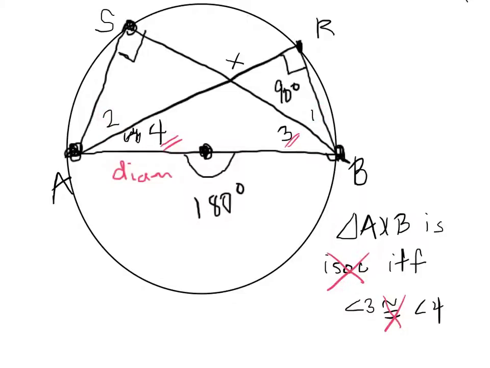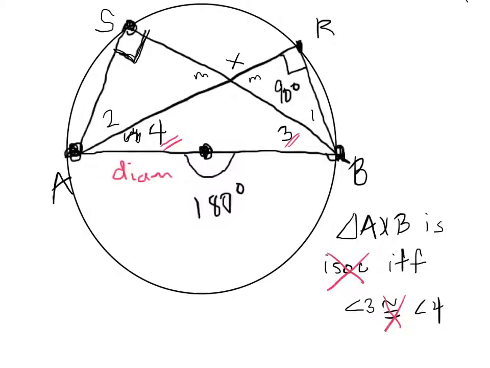Well, we know that this angle here is 90, and let's call the two angles that are formed at vertex X M. Whatever M is, it's the same in both spots. Do you know the name for these angles? Vertical angles, and vertical angles are congruent.